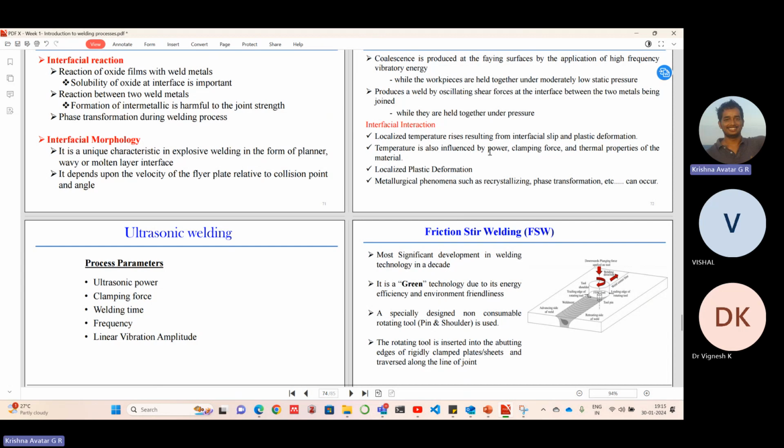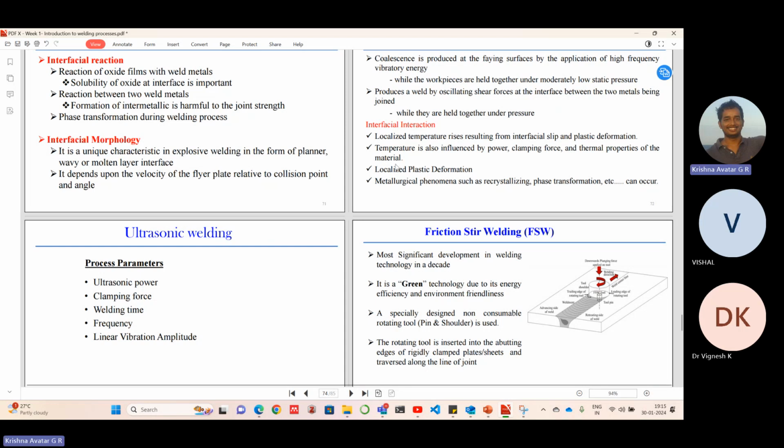The temperature can also be influenced by the power, how much energy we are supplying, how tightly we are holding it, and also the thermal properties of the material. And we could have localized plastic deformation.